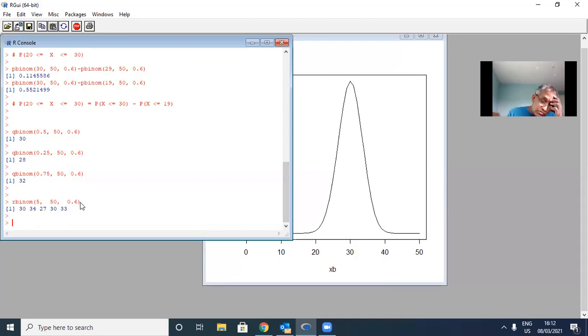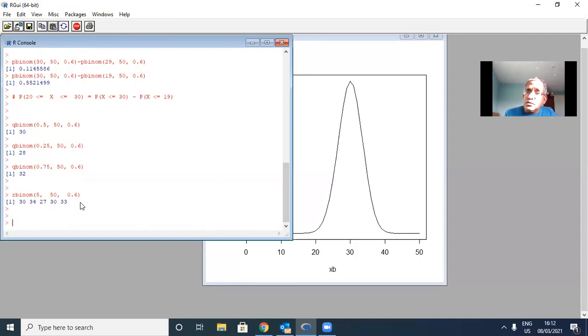All right. So far we talked about the binomial. Now let's talk about a continuous distribution. Binomial is a discrete distribution, as you know. For a continuous distribution, let's take the normal distribution, which is the most common continuous distribution.